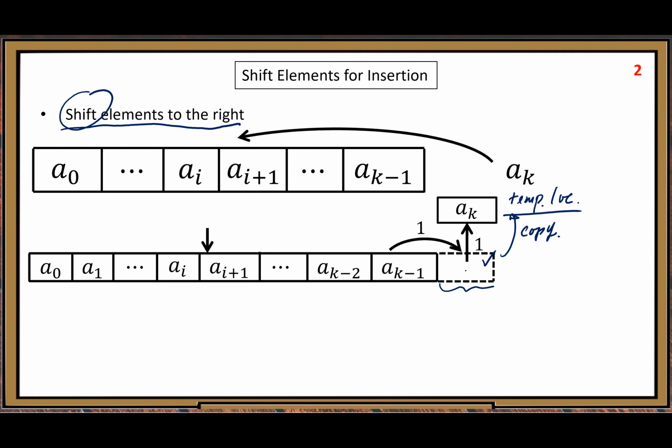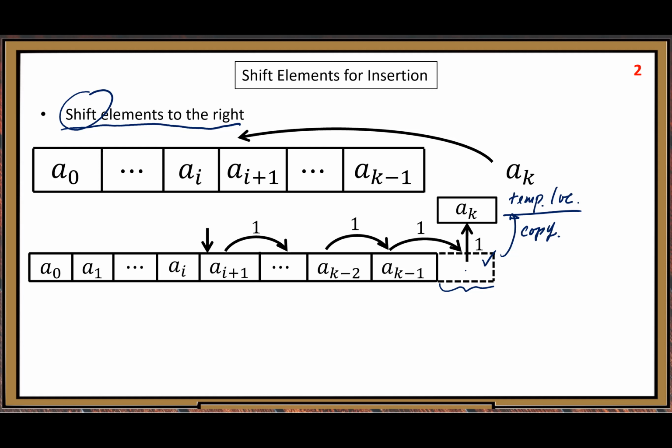So we shift A sub k minus 1 to its adjacent right position. Similarly, for A sub k minus 2, we do another comparison. If it is greater than A sub k, we shift it to its right adjacent vacant location, and so on.